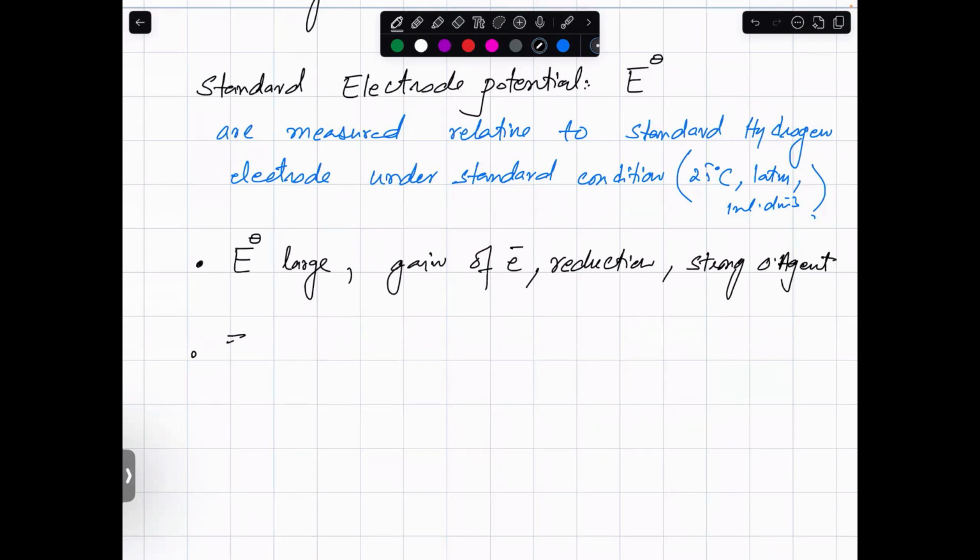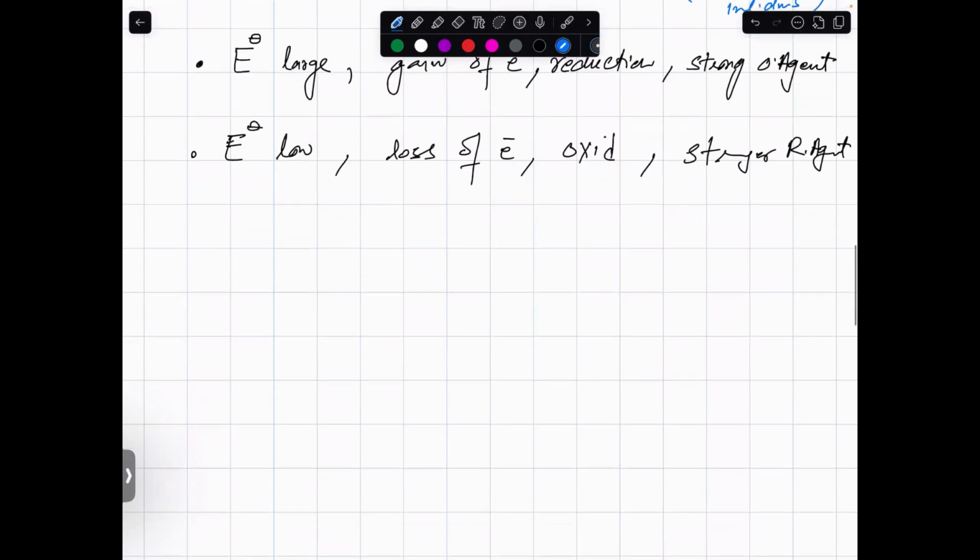Lower E naught, loss of electron, oxidation occurs, and stronger reducing agent. Right now, I am going to fully explain this.